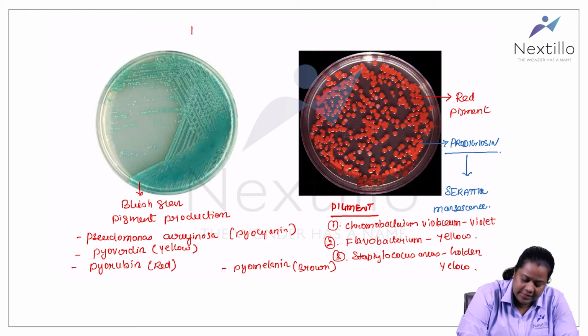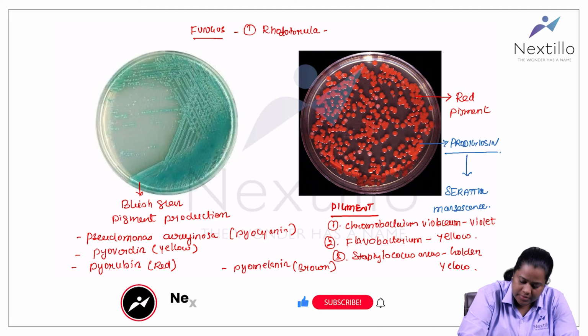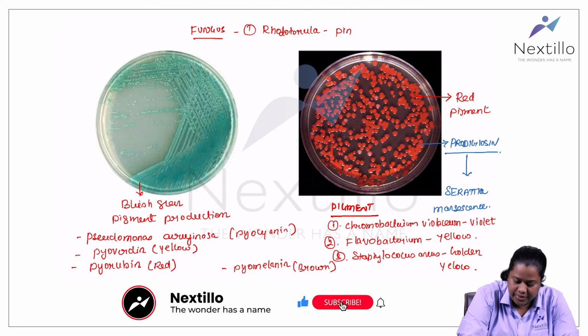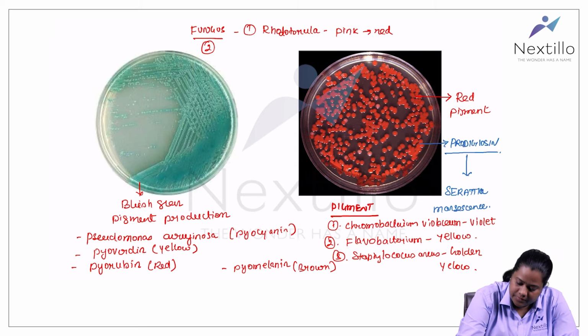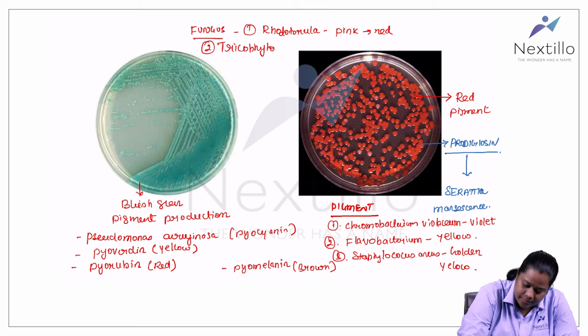Some fungi also produce pigment. One is Rhodotorula, which produces pink to red color pigment. Then we have Trichophyton rubrum, producing a red pigment.